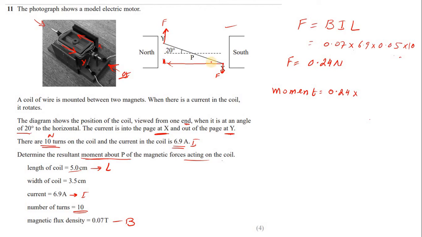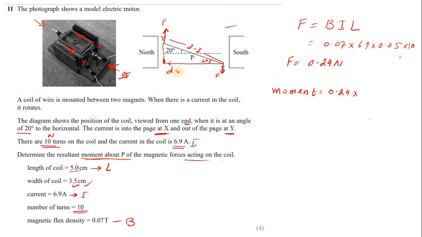If this is 20, this is also 20, and this is the adjacent in this triangle, and this is the width, 3.5. This is the width. So this distance D would be equal to the cos component of 3.5. But it is in centimeter, I will take it in meter.